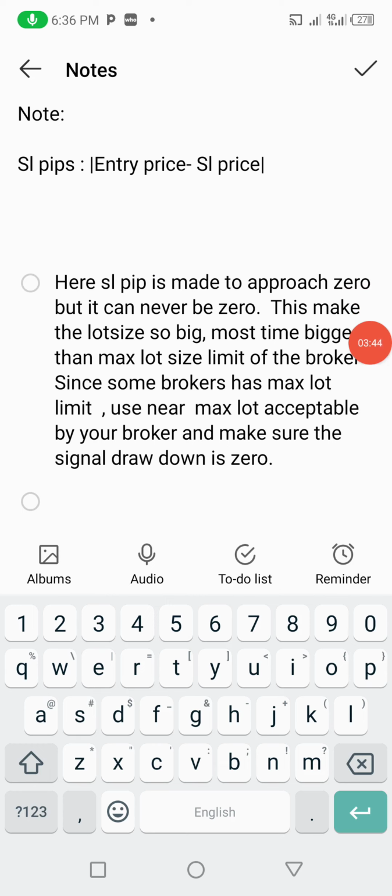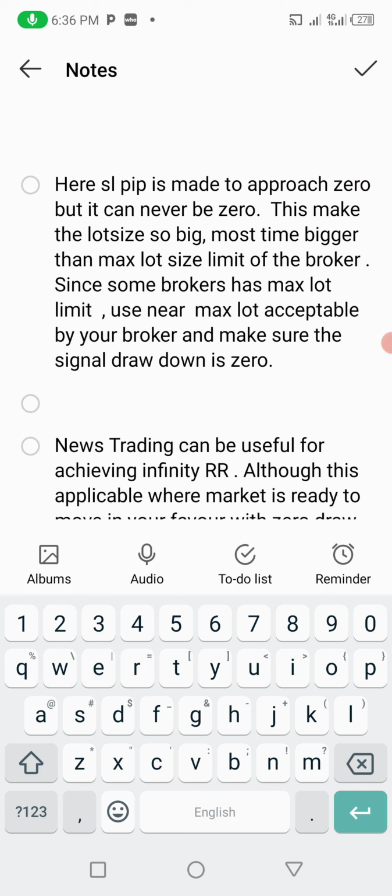Here, SLP is made to approach 0. Okay, it is made to approach 0, but it can never be 0. This makes the lot size so big, most time bigger than max lot size limit of the broker. Some broker tell you that the minimum lot size is this or that, but when you run the calculation, you discover that most time the calculated lot size is far bigger than the maximum limit acceptable by the broker.